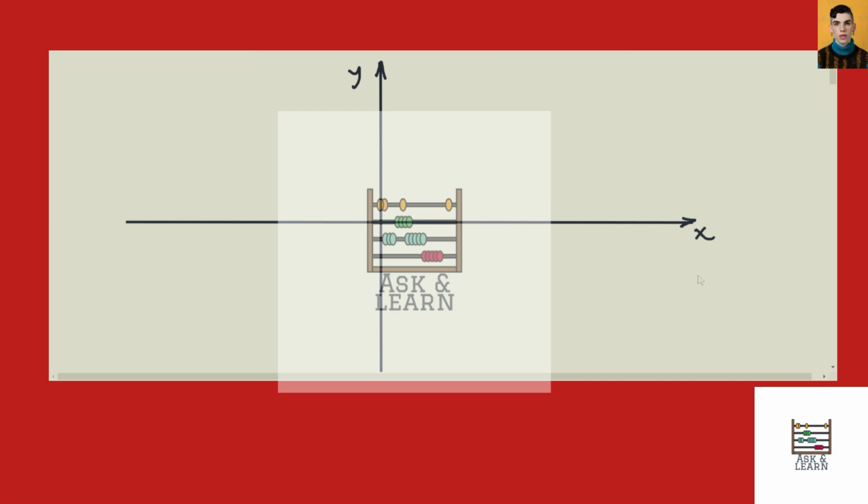So we have this axis here. We know the function sine at pi half is equal to 1 and at negative pi half is equal to negative 1.